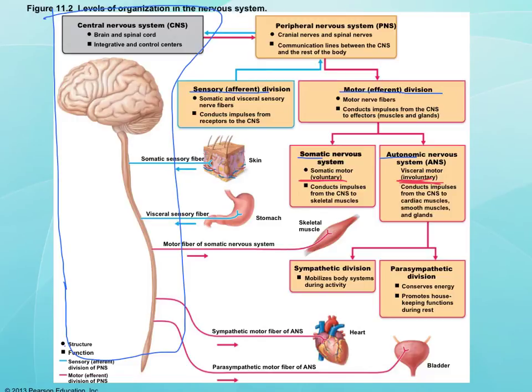Okay, so the autonomic system increases your heart rate, and sometimes also your breathing rate. All those are controlled by the sympathetic system here. And the parasympathetic system is always to keep those functions during rest. That is the system that calms you down.